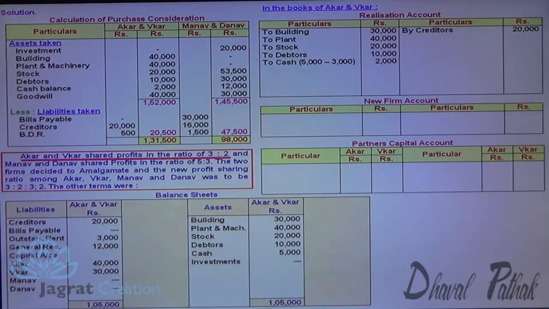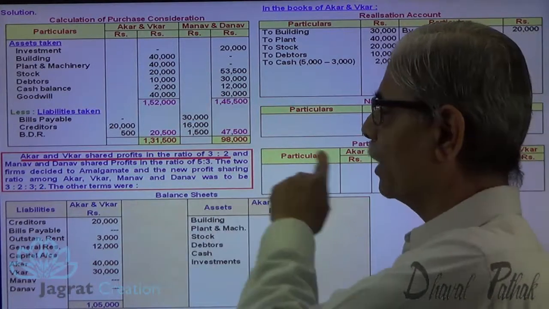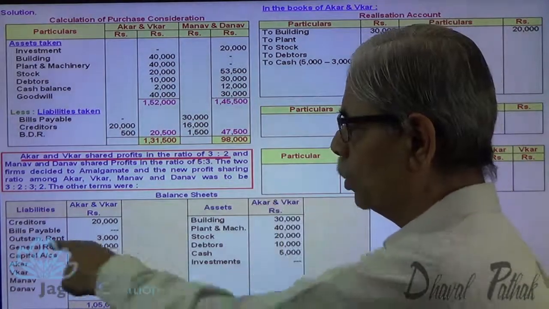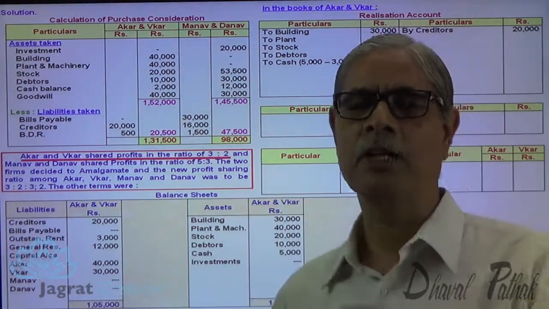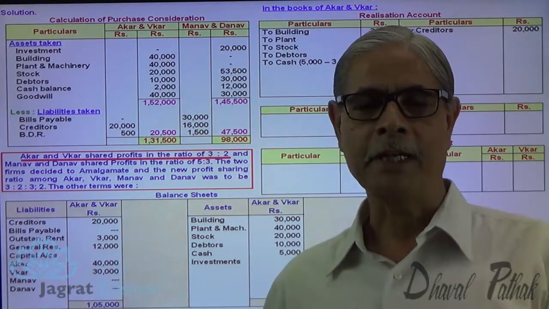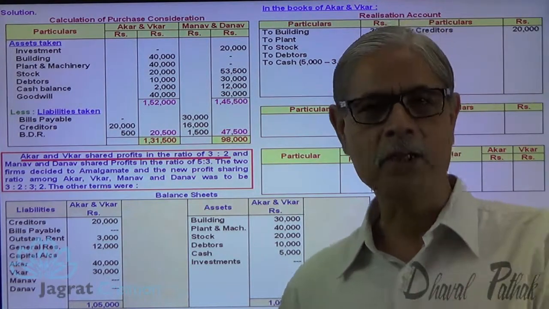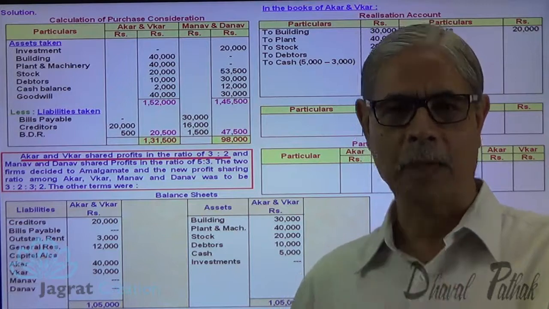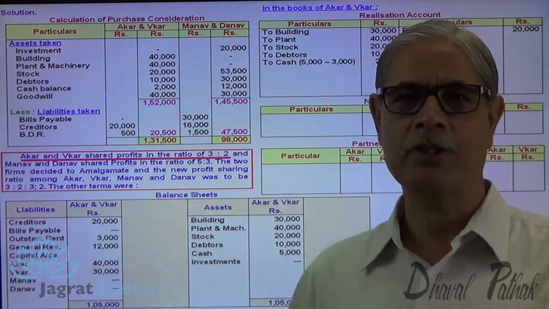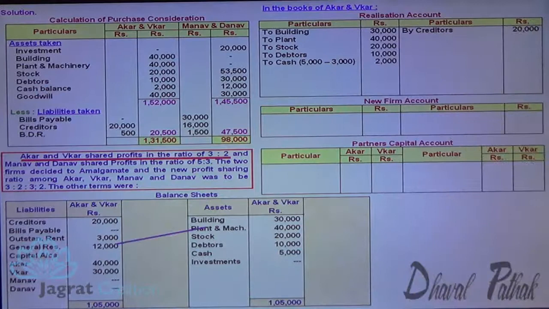Now next point. Vakar and Vakar share the profits and losses in the ratio of 3:2. So general reserve 12,000 will be distributed amongst partners in the ratio of 3:2. It is an undistributed profit, and this undistributed profit is distributed amongst partners in their profit sharing ratio at the time of dissolution. So 12,000 distributed in the ratio of 3:2.